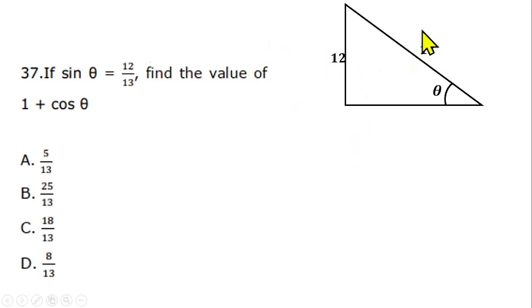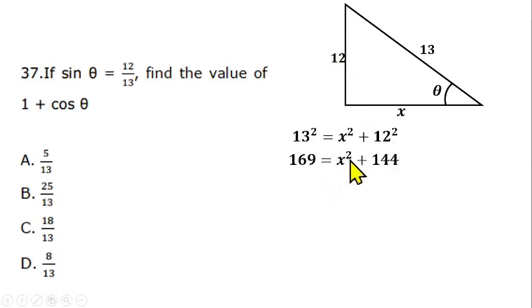You have 13 here, so you can look for the third side of the triangle using Pythagoras theorem. So you have 13 squared equals to 12 squared plus x squared. So that gives us 169 equals to x squared plus 144. Then x squared will be equal to 169 minus 144, which is 25. x will be 5.